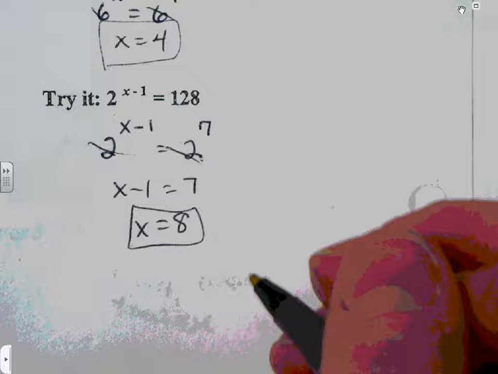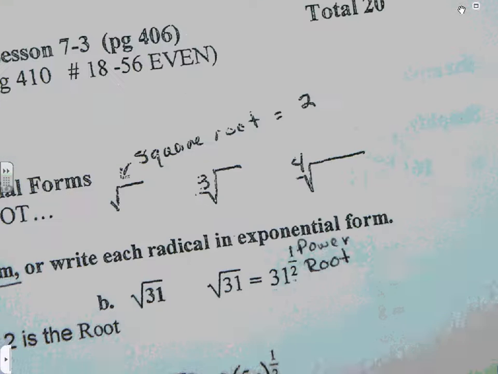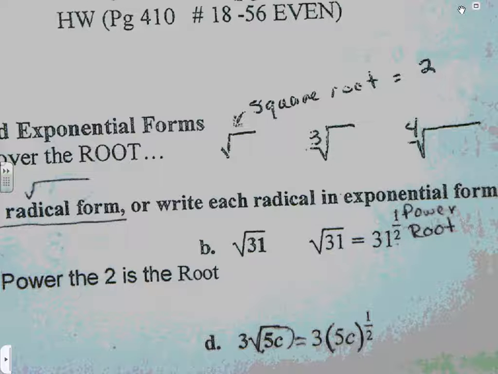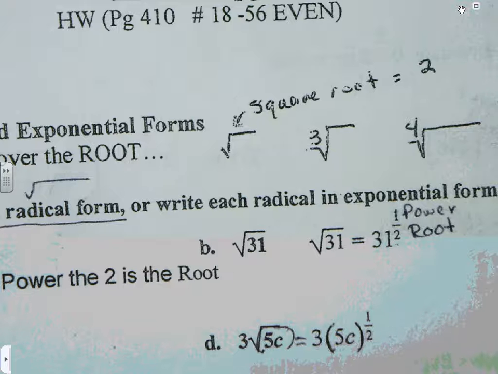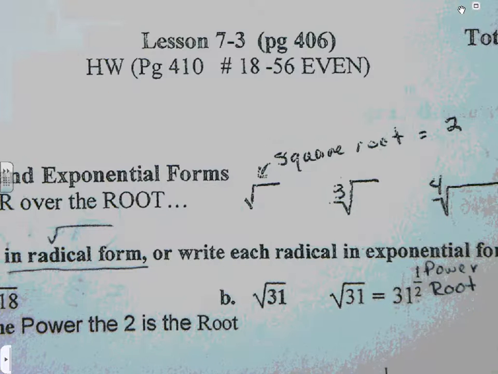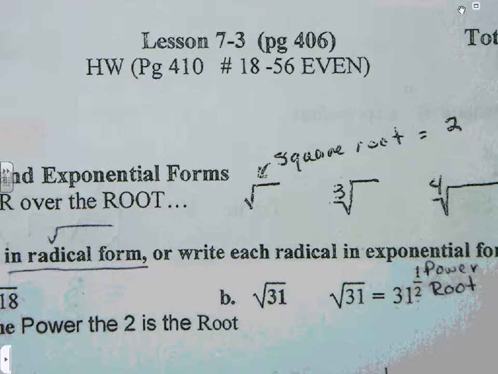I promise it does. So if you will open your book to page 410, I want you to look at number 54, if you would. Because there may be a situation there, I'm having a feeling. Okay?